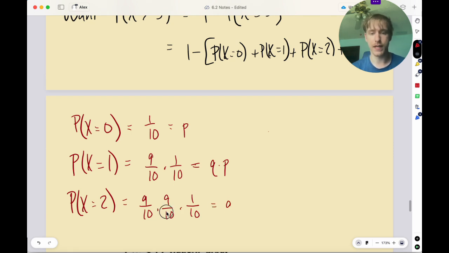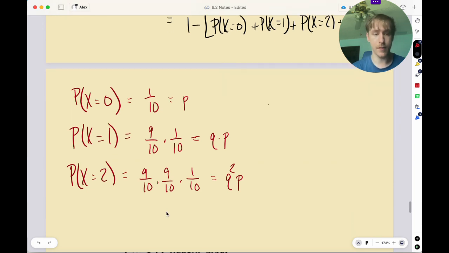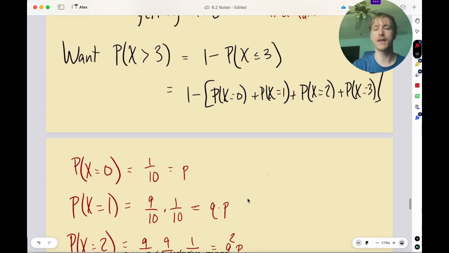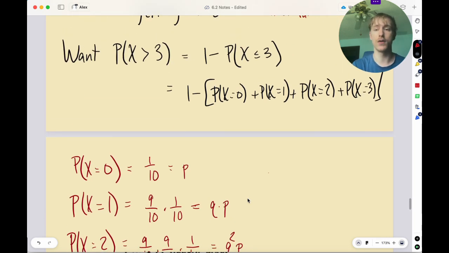So this is also the same as q squared times p. And the probability that x is equal to 3, that's going to be, well, we have 3 non-zero digits before getting a 0, which is q to the third power p.